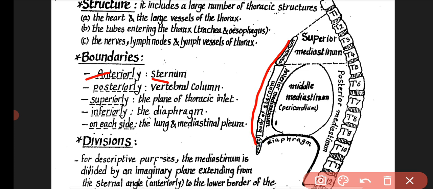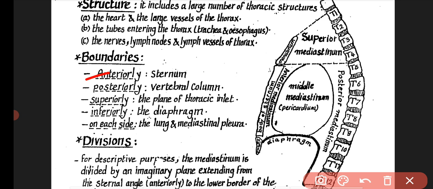The sternum is further divided into three parts: manubrium sterni, body of the sterni, and xiphoid process. Here are the junction points.